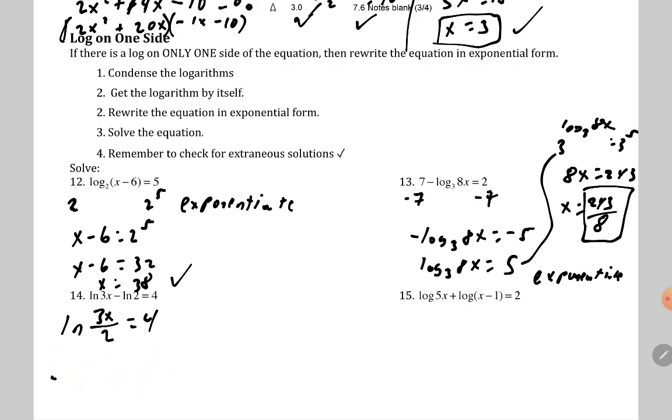So let's see how that looks. e to the ln of 3x over 2 equals e to the 4th. So I'll have 3x over 2 is about, because you have to punch this in your calculator, 54.6. Multiply by 2, divide by 3, and we'll get x is about 36.4.